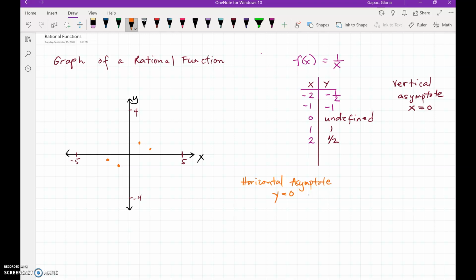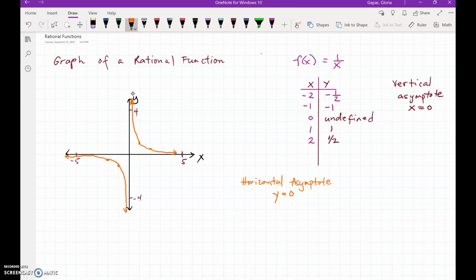So I will connect this, approaching 0 here. On the other side, getting closer to 0 from the right side, it's just approaching infinity. And then on this side, the same thing. As x gets smaller and smaller, it's approaching 0. And as the x value gets closer and closer to 0, coming from the left side, the y value is getting smaller. It is approaching negative infinity.